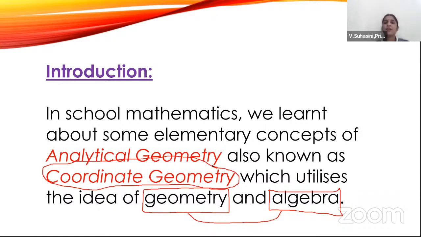So coordinate geometry is the fusion of geometry and algebra, two magnificent branches of mathematics. Here, whatever you see is describable in the language of mathematics, and whatever we describe can be seen as a figure. That is coordinate geometry.